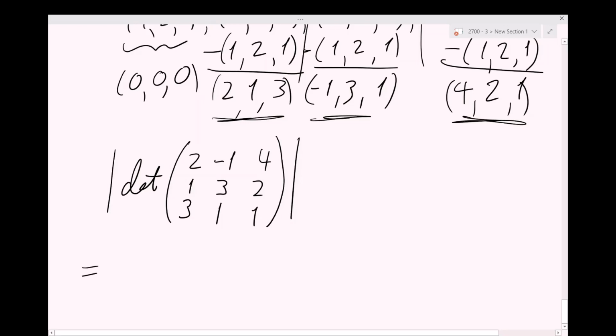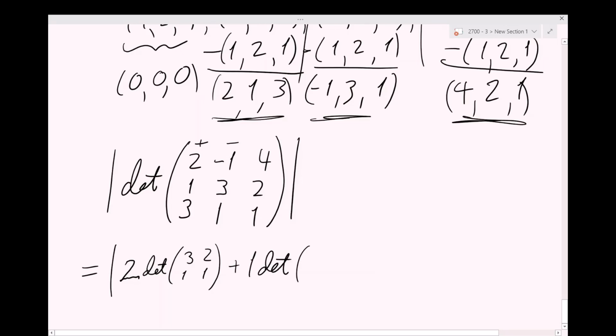So we want the absolute value of plus 2 times the determinant of the submatrix by cutting out that entry's row and column, and then minus negative 1, which becomes plus 1, times the determinant of the submatrix when we cut out that entry's row and column, 1, 2, 3, 1. And then plus 4 times the determinant of the submatrix I get when I cut out that entry's row and column.